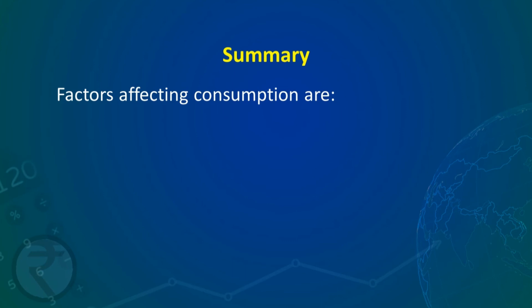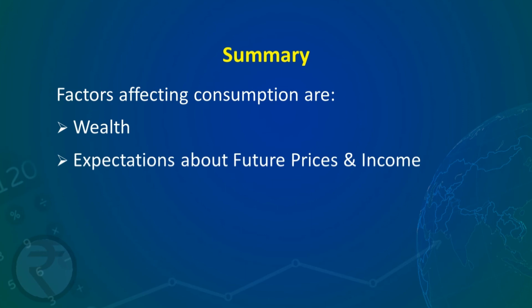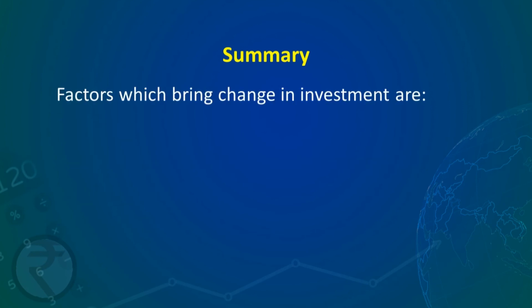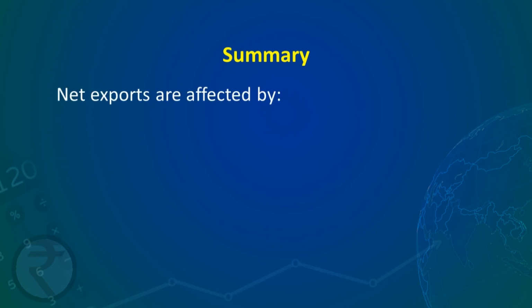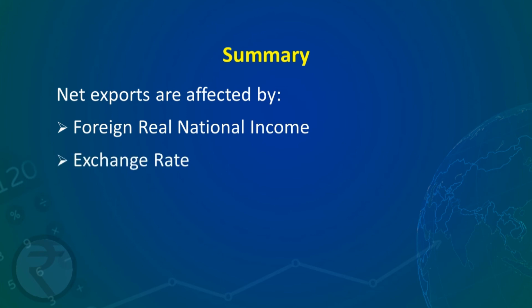So all the factors which affect consumption, which are wealth, expectations about future prices and income, interest rate, income tax, and factors affecting investment, interest rate, expectations about future sales and business taxes, and factors affecting net exports were foreign real national income and exchange rate. So if all these factors change, they will bring change in the aggregate demand, and this may shift to the right or to the left depending upon the situation.